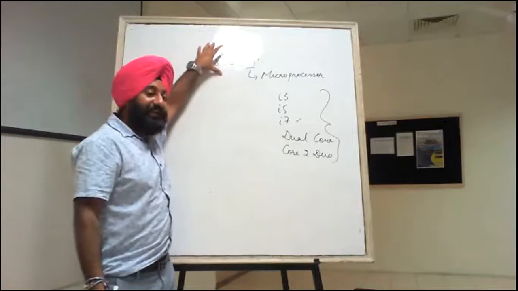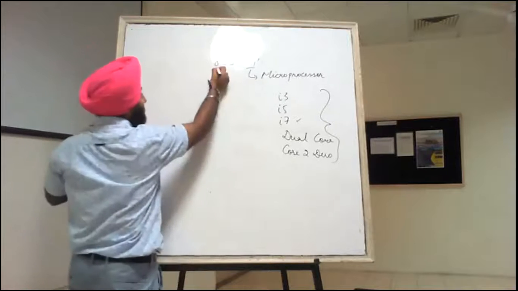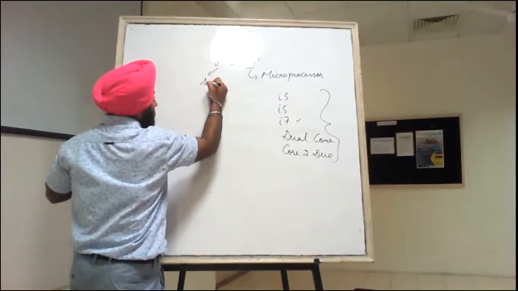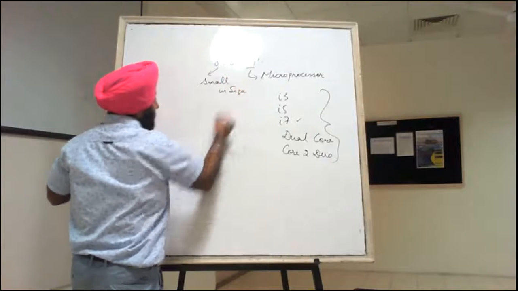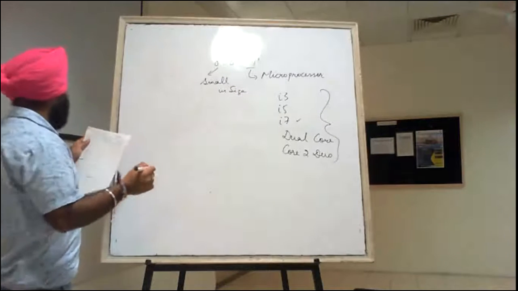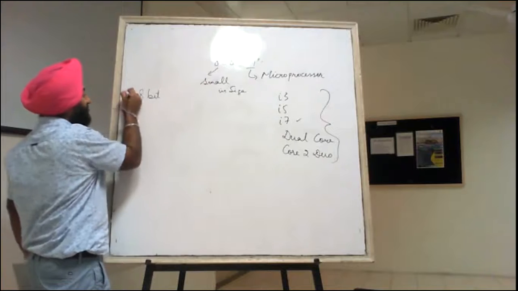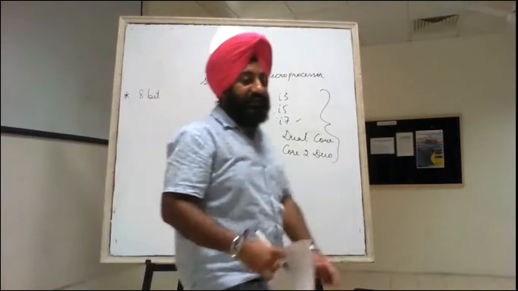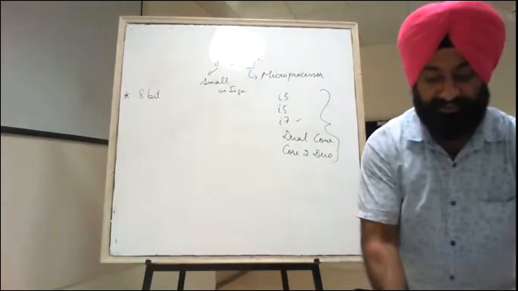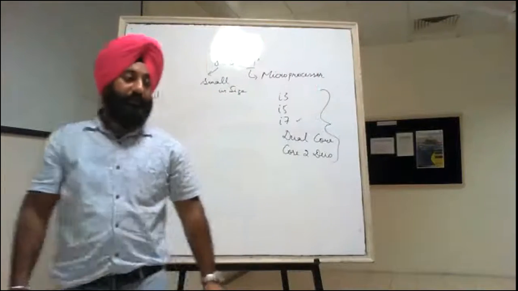Similarly, we have the 8085 microprocessor, which is very small in size. It is basically an 8-bit microprocessor. The first point is 8085 is an 8-bit microprocessor, right?